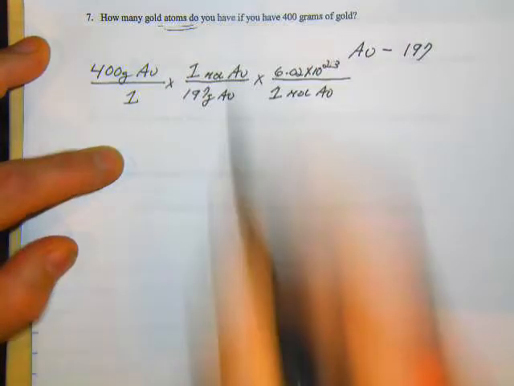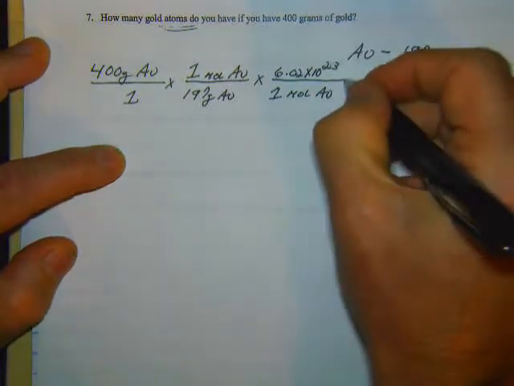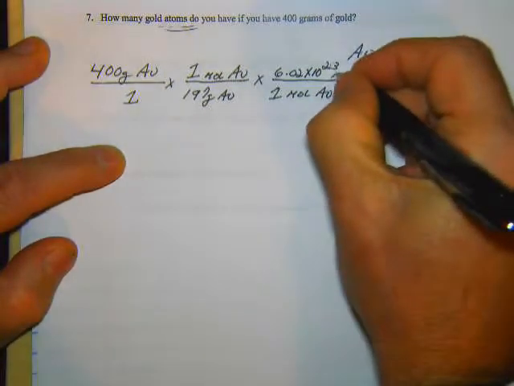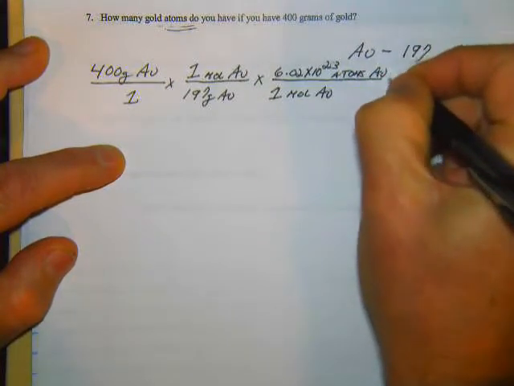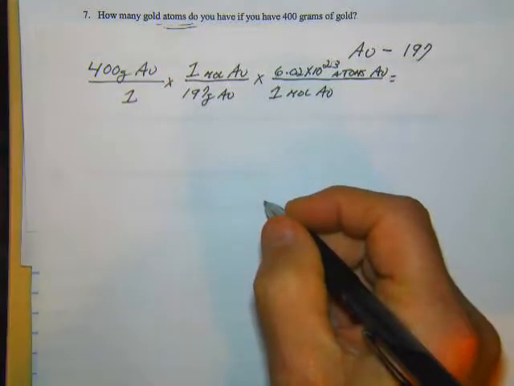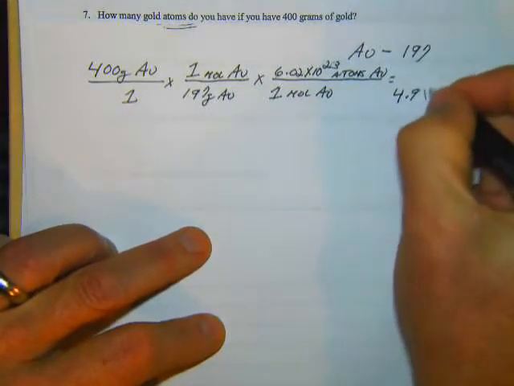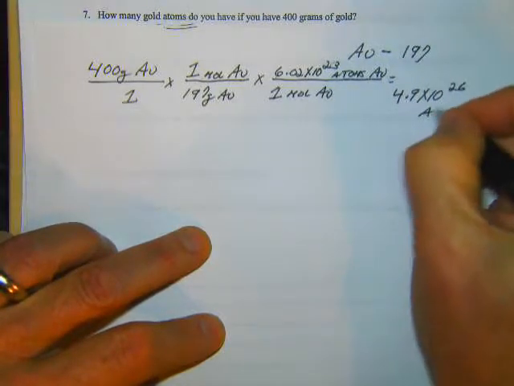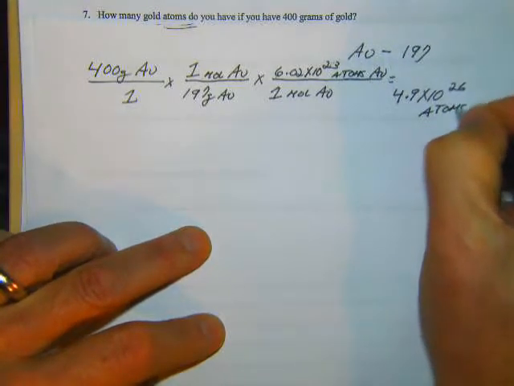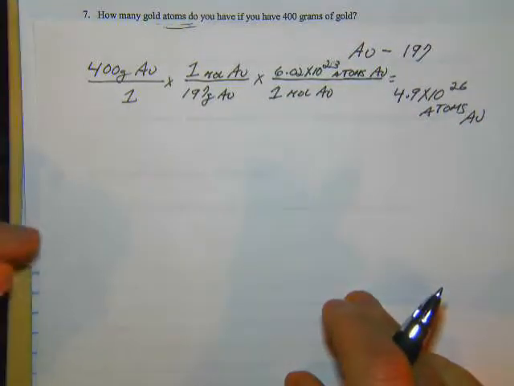And again, it can be Avogadro's number, get you atoms, get you particles, get you molecules, whatever it happens to be. Atoms of Au, and it comes out to about 4.9 times 10 to the 26th atoms of gold. So there's problem number 7.